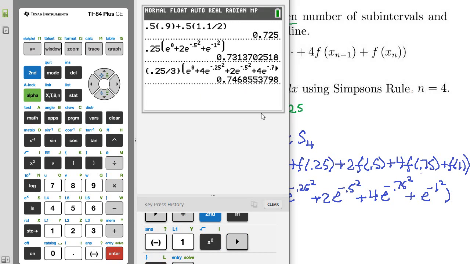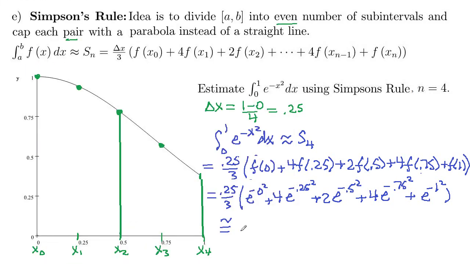0.746855, so 0.7469. So that's to 4 decimal places. And they'll specify the number of decimal places that they want you to use. I computed this, and you can do this with fnInt on your calculator to check.